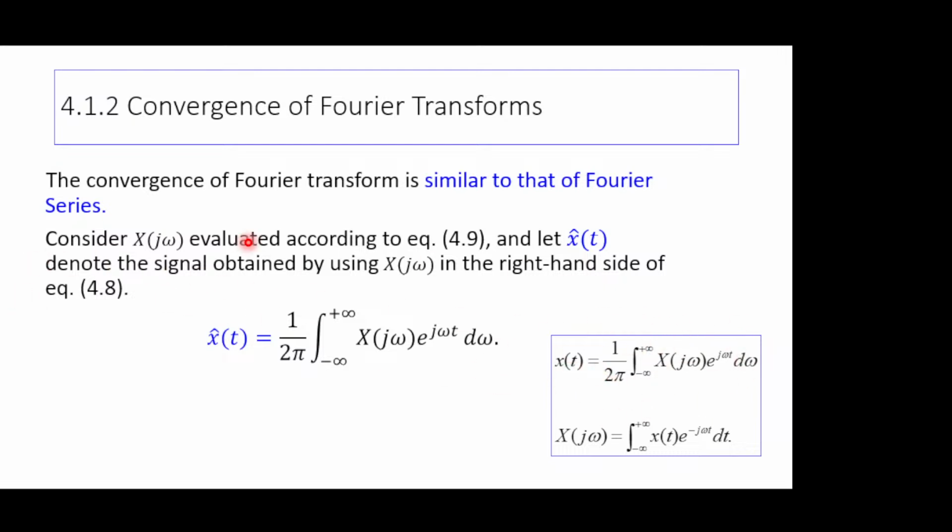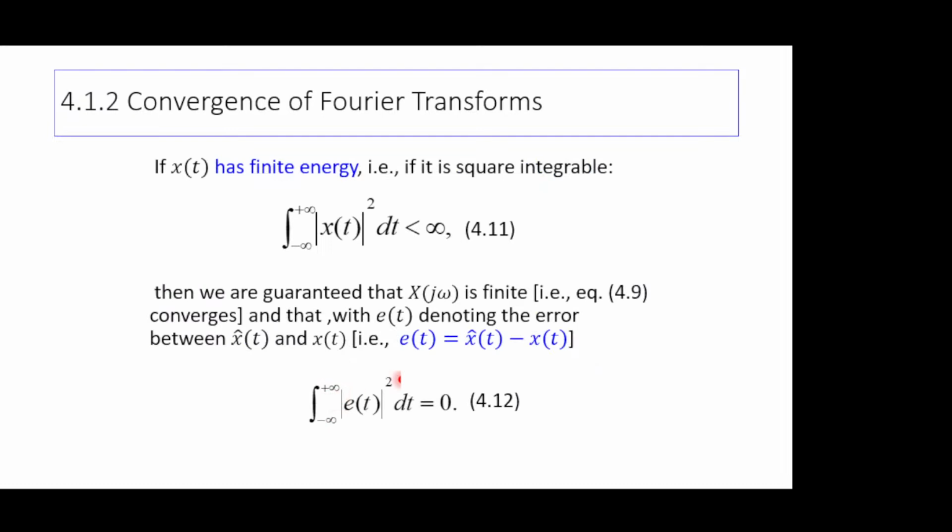Anyway, let's try to parameterize how much error we have. Let's assume we start with some x of t, then we calculate big X of j omega from here. Then we calculate back some x hat of t from this equation. We want to see what error we got. This e of t is x hat of t minus x of t. We think this should be 0, but sometimes it's not 0.